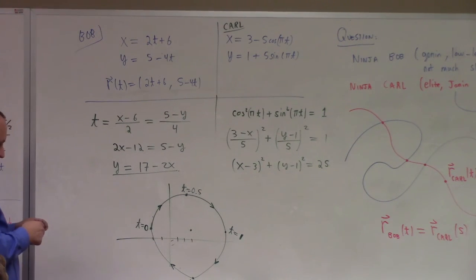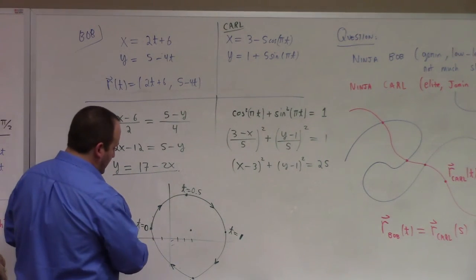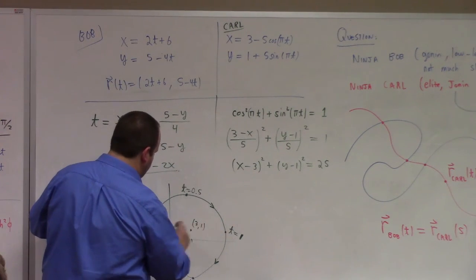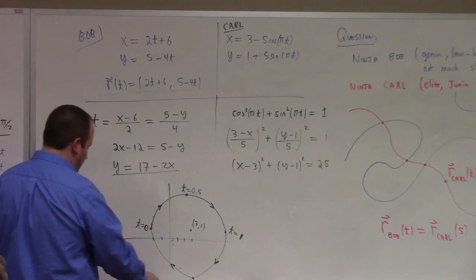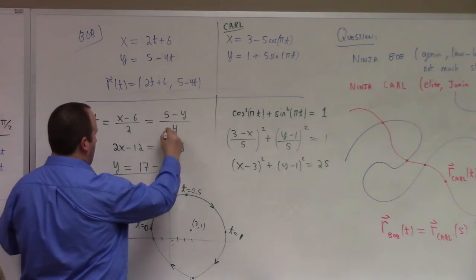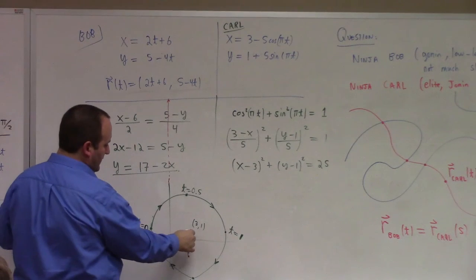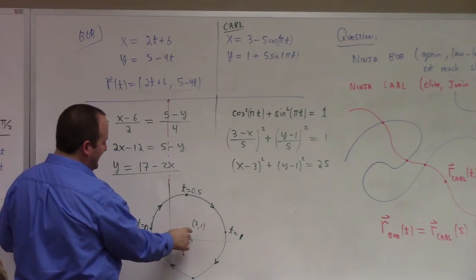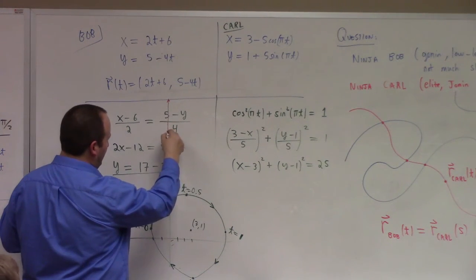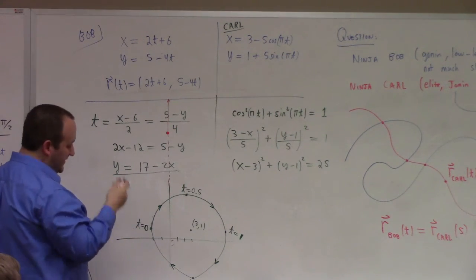Then Bob's curve is where? Again, this point is (3, 1). And the y-intercept of this line is 17, so it's up here somewhere, and its slope is minus 2.